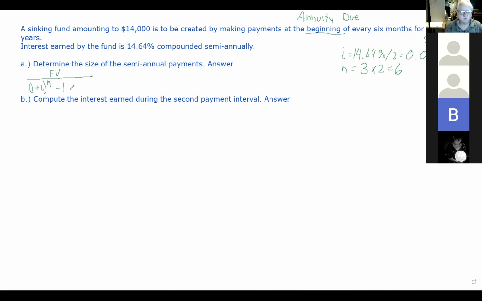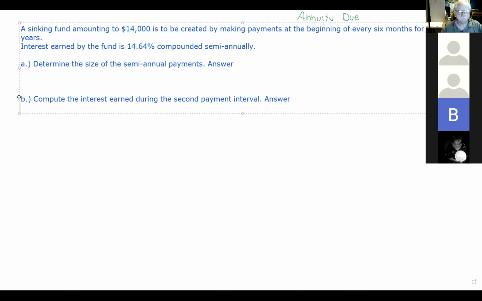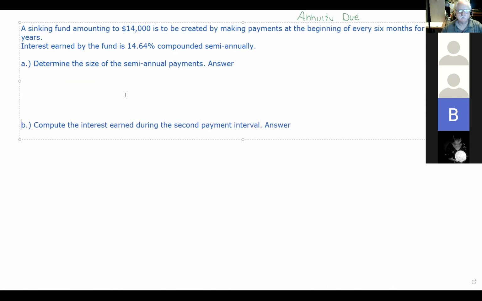Haven't given myself enough room here. Let's try this again. See if I can create some more space without wrecking everything. Okay. That might have worked.